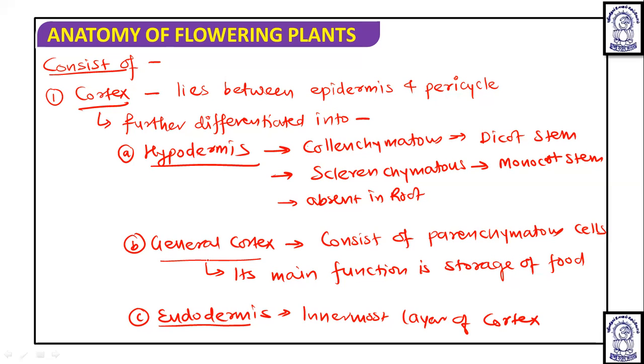Hypodermis is few layered, but generally general cortex is of many layers. Okay, and these three combinedly form a cortex. Now, when we talk about endodermis, it is present mainly in root and also in stem.